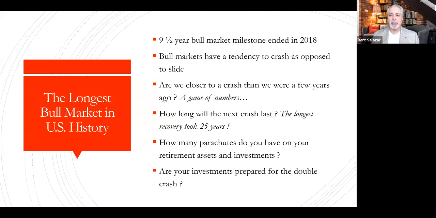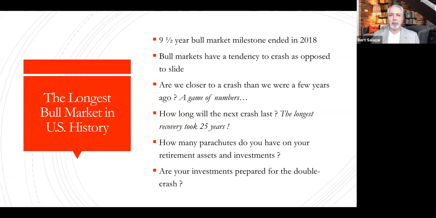Are your investments prepared for the double crash? The double crash is nothing more and nothing less than when you're in retirement and there are years where the market is going to crash. Think of it this way: every 10 years, the market is going to drop in anywhere between 2 to 4 years out of that 10-year period.